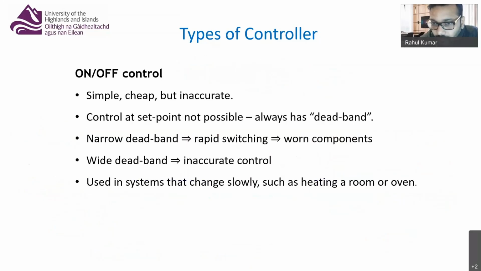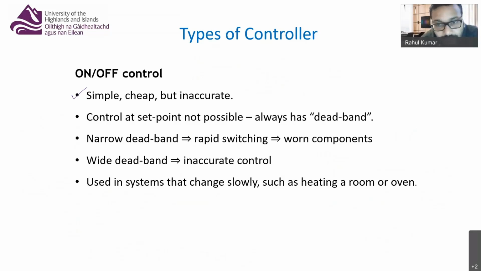Now, all these points I have mentioned in this slide. This on-off controller is quite simple and cheap, but it is inaccurate, right? Now, controller at set point is not possible.